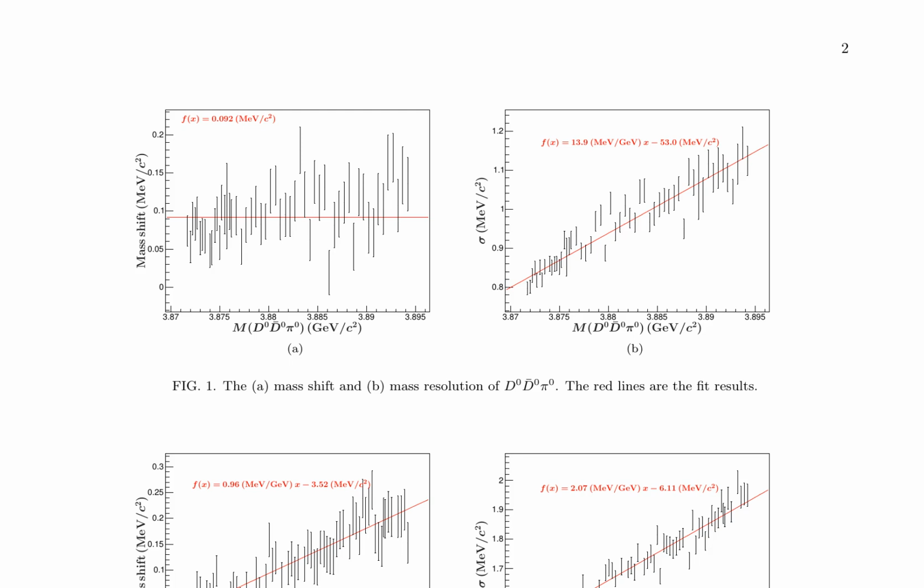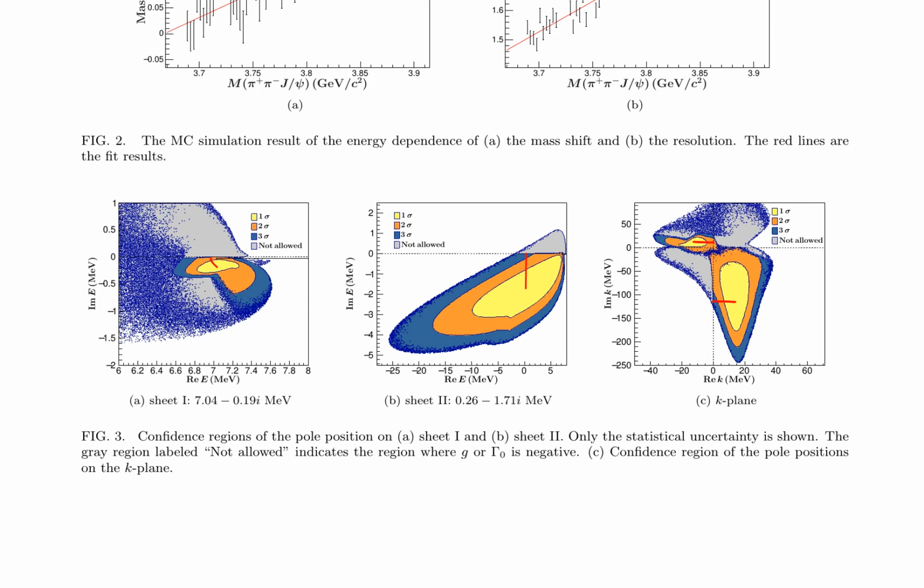revealing a significant decrease in mass resolution with increasing invariant mass. Figure 2a presents the mass shift of π+ π- J/ψ as a function of the invariant mass, with a fitted function f(x) equals 0.96 MeV times x to the power of 5/2 MeV/c², demonstrating a moderate increase in mass shift with increasing invariant mass.